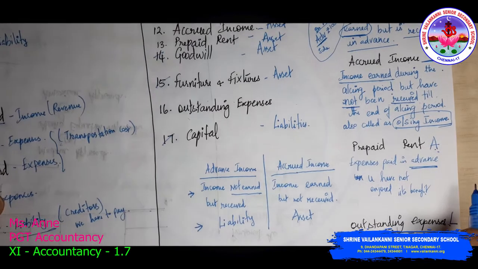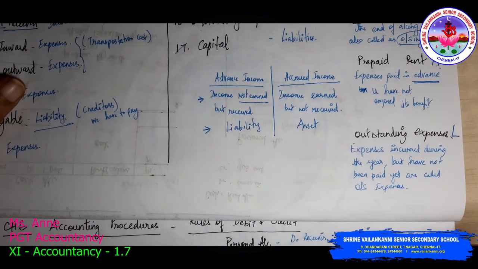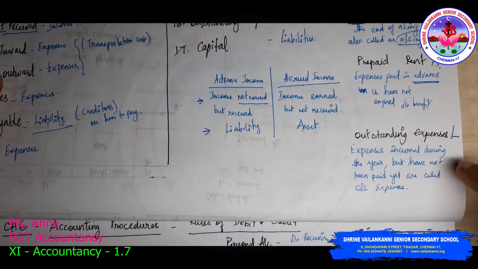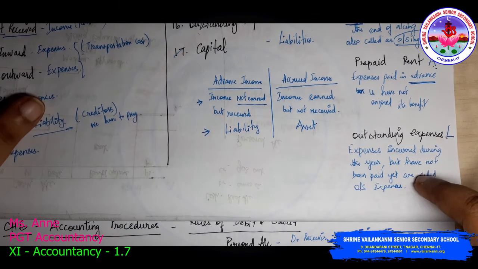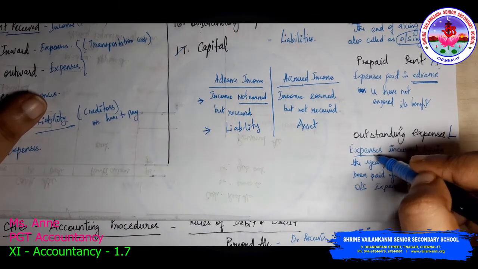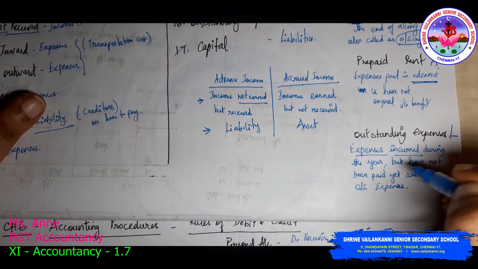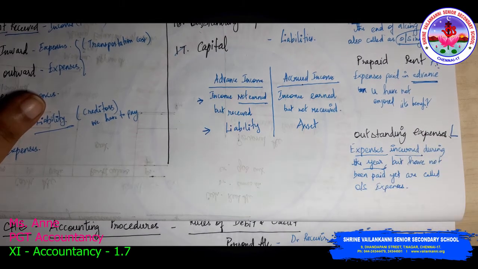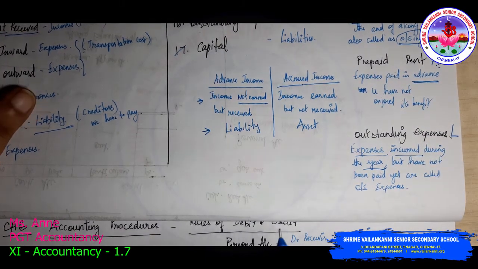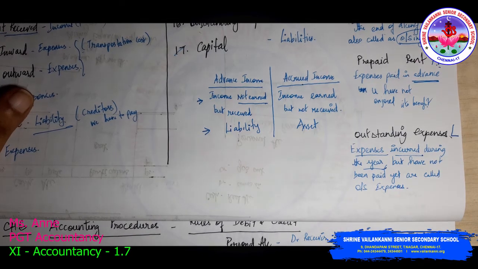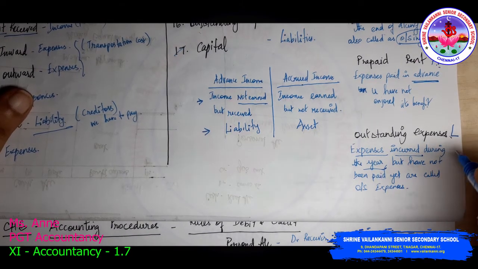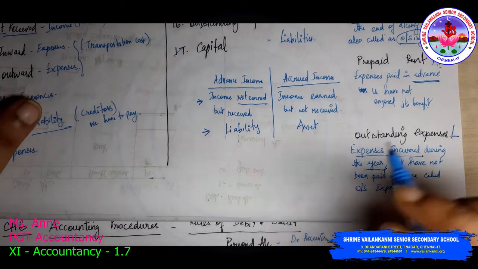Outstanding expenses is nothing but expenses incurred during the year but not paid yet. Say, for example, you have consumed electricity and the electricity bill comes but you didn't pay.